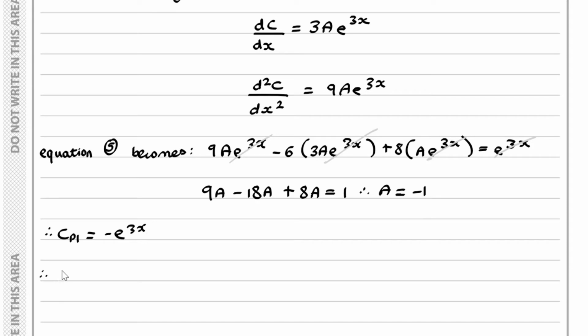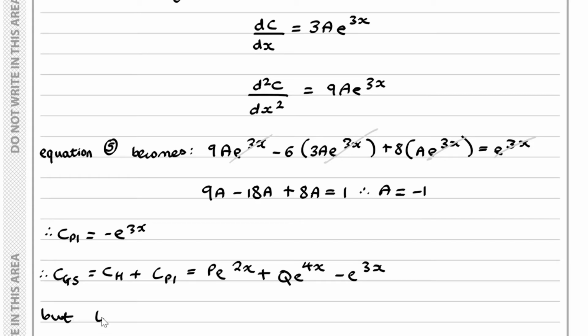And therefore our general solution of C is equal to our homogeneous solution plus our particular integral. So we have pe to the 2x plus qe to the 4x minus e to the 3x. And we also know that t is equal to e to the power of x.